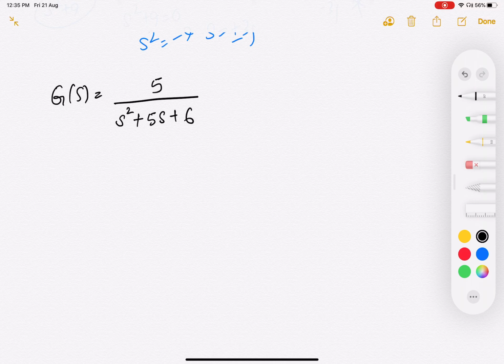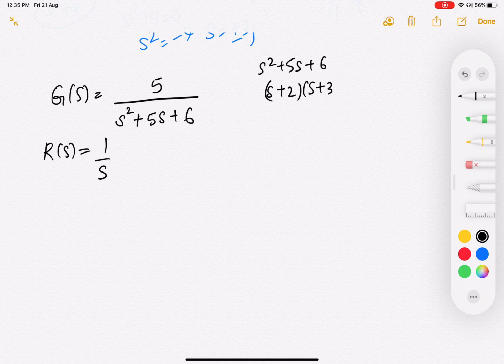Now this, again, I'm subjecting to a step input, R(s) is equal to 1 by s. And if I look at the pole locations for this, s square plus 5s plus 6 can be written as s plus 2 into s plus 3, right? So the pole locations are like this on the s plane. This is the j omega axis, this is sigma. So one pole is at minus 2, the other pole is at minus 3.